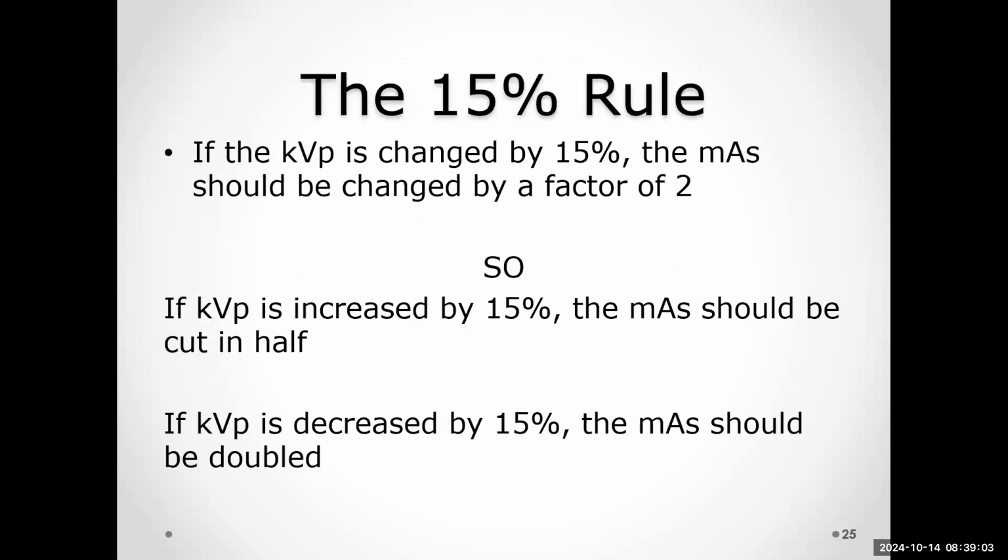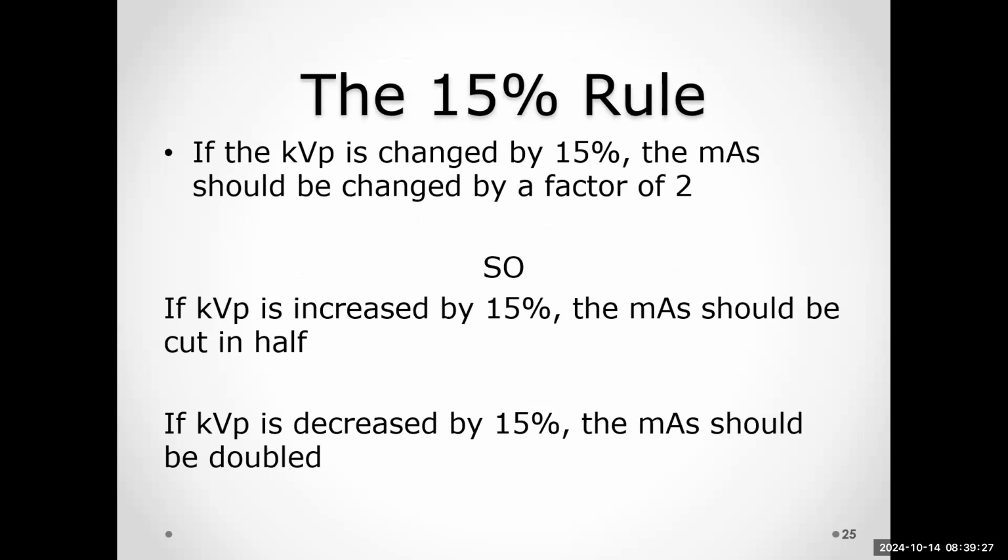All right, 15% rule. So here comes the math. If the kVp is changed by 15%, the mAs is going to be changed by a factor of 2. This means that if your kVp is increased by 15%, then you're going to cut your mAs in half.